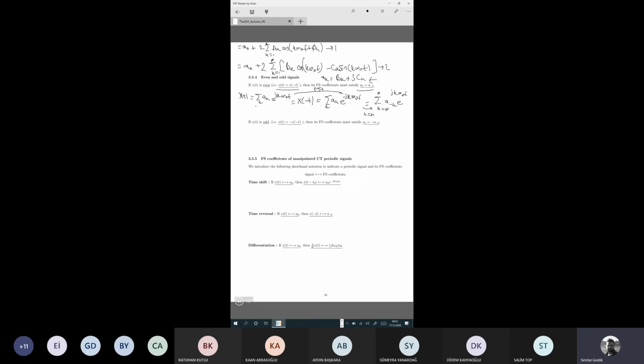If you compare this one and this one, you can say that ak is equal to a minus k for an even signal. For an odd signal, you have nothing but the minus sign here, so you have ak equal to minus a minus k for an odd signal. The proof is similar, so I am giving it to you as homework.